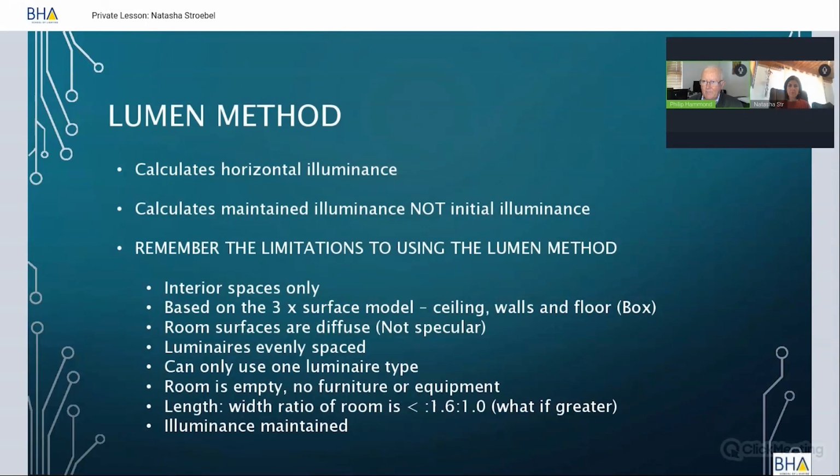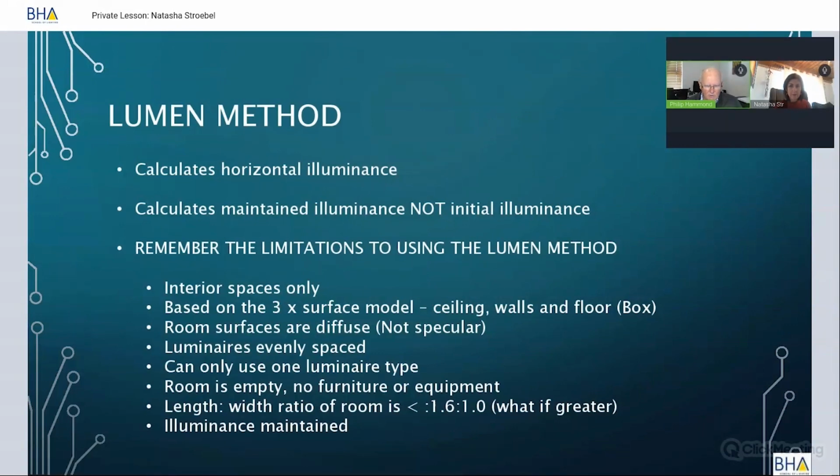It's always empty. And then here's something very important: the length to width ratio may not exceed 1.6 to 1. We'll do a couple of exercises. That's why I asked you the question: what happens if it's more?